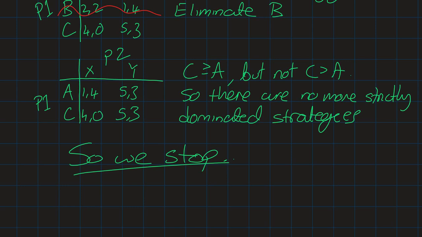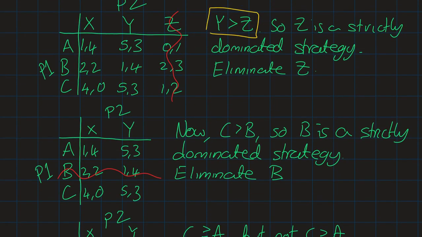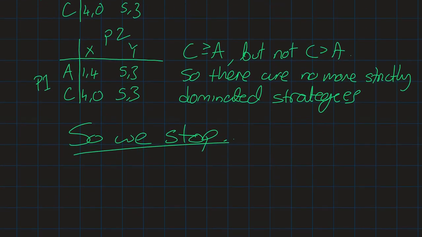We got stuck at this 2 by 2. But it's better than nothing. We started with a 3 by 3, so that was 9 possible outcomes, and we've rounded it down to 4 possible outcomes. So we've greatly simplified the game, and that's a useful thing to do. That's the end of this example and the end of this video.